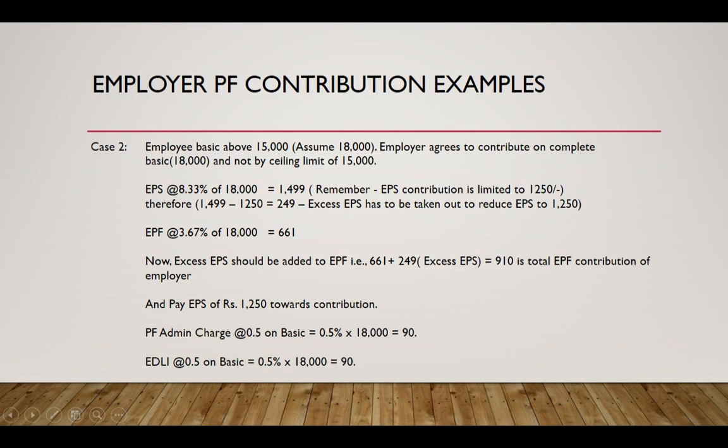So the resultant amount is 910 rupees. So to summarize, the PF contribution would be 910 rupees and EPS contribution would be 1,250 rupees. And PF admin charge and EDLI are calculated in the usual way at 0.5% of basic.